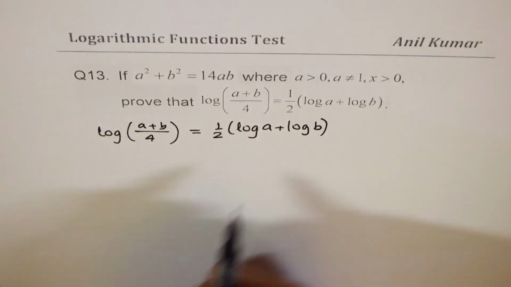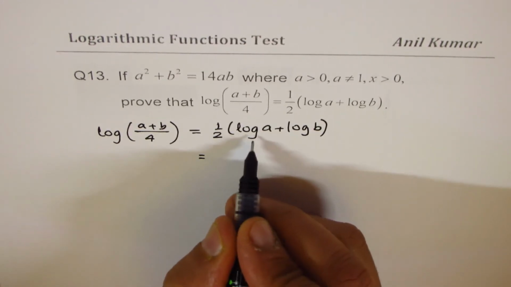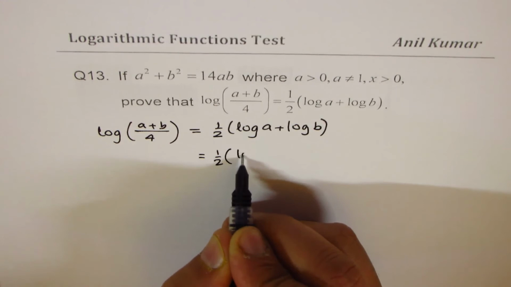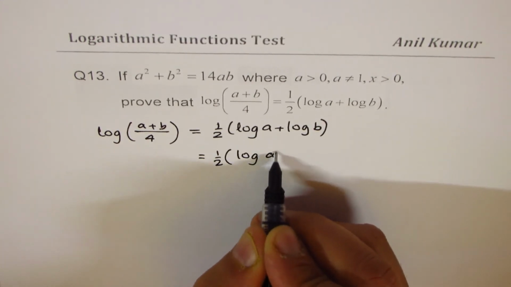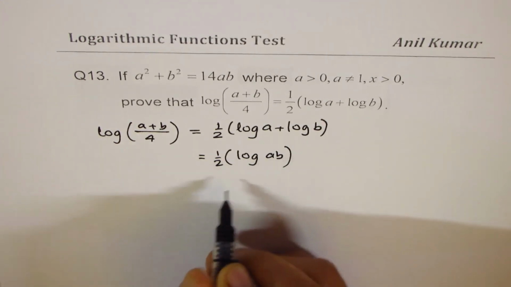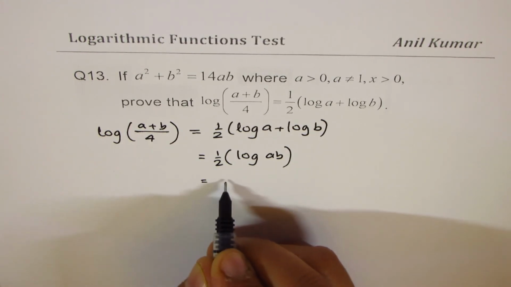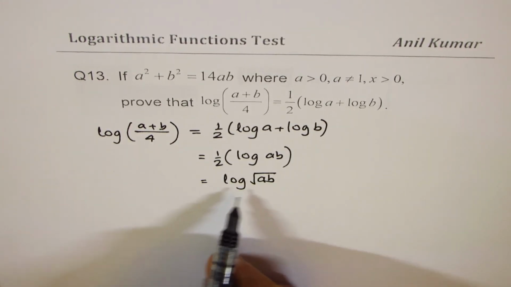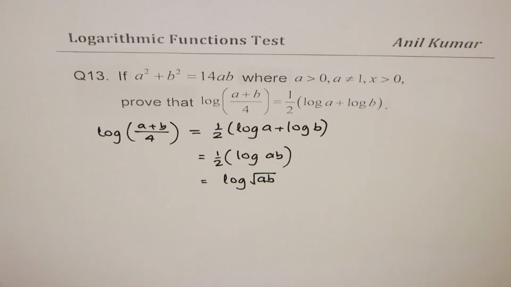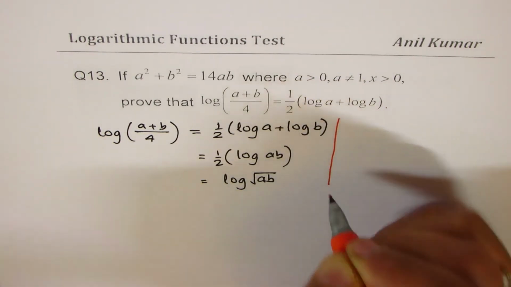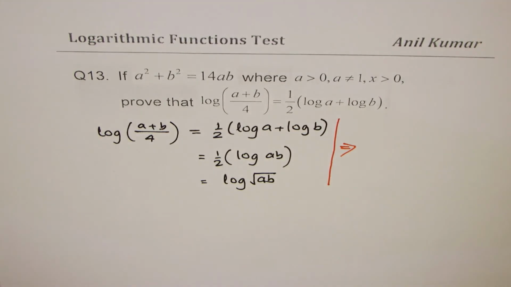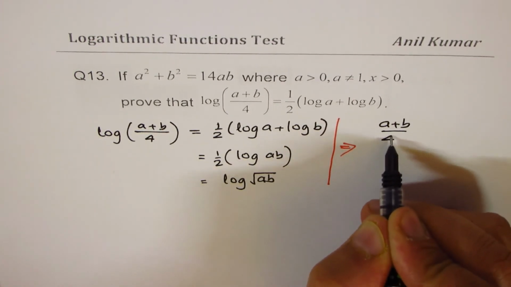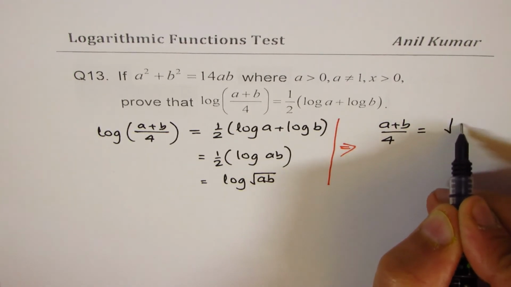Correct. Let's see the right side. We'll apply the laws of logarithms. We could write this as half of log ab, product rule, right? So that means we could write this as log of square root ab. Now that basically means we have to prove that (a plus b) over 4 is equal to square root of ab.